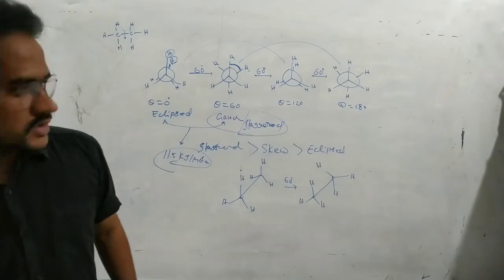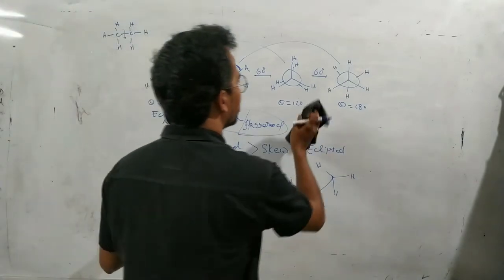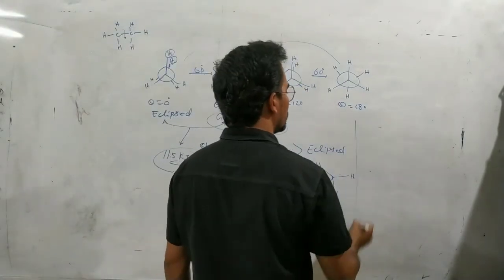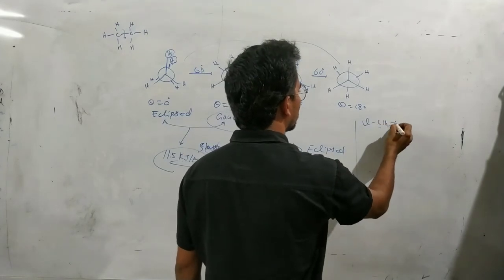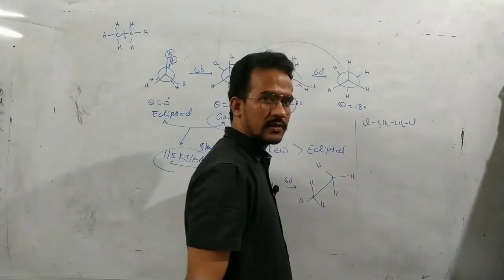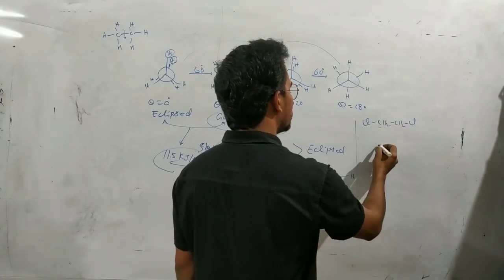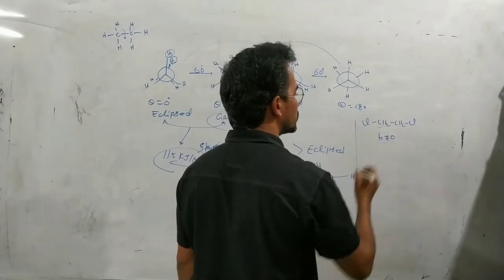And next, one more important point. For suppose 1,2-dichloroethane. For this 1,2-dichloroethane, the dipole moment is not equal to 0.